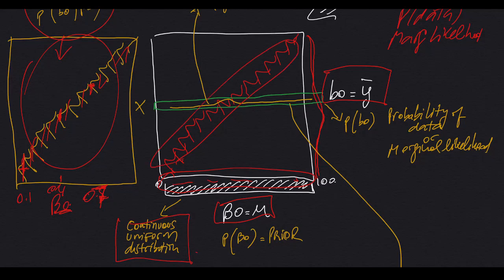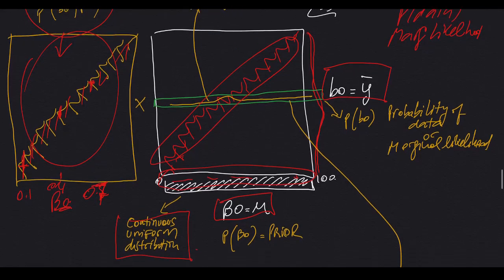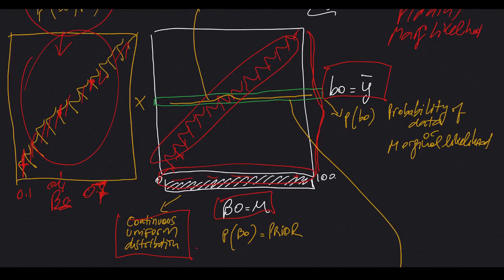Now, the third part of the equation is the probability of the data. Basically we collect the data, we calculate the mean in our sample, and it corresponds to one of these lines. How do we calculate the probability of the data? Well, we add all these values that are in this row.